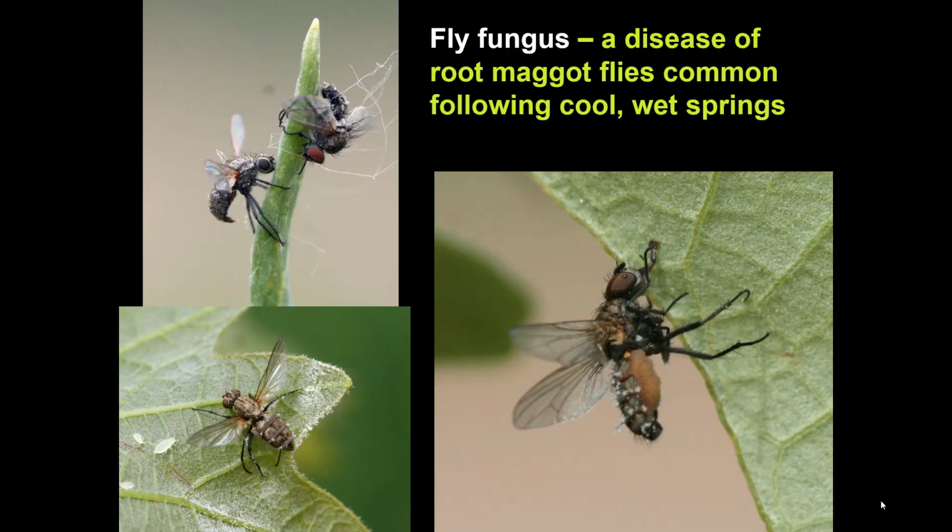Now, a couple things that are of interest with these root maggots, and one of them, and this is a little side note, is they get infected by a kind of fungus that is not uncommon, called the fly fungus, and it is a specific species of fungus that attacks flies of this group. And when a fly becomes infected, the adult fly will often perch at a high point in the landscape.